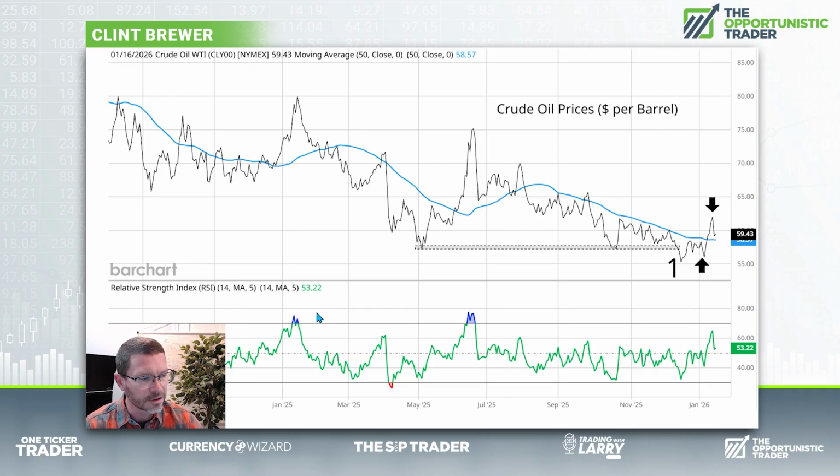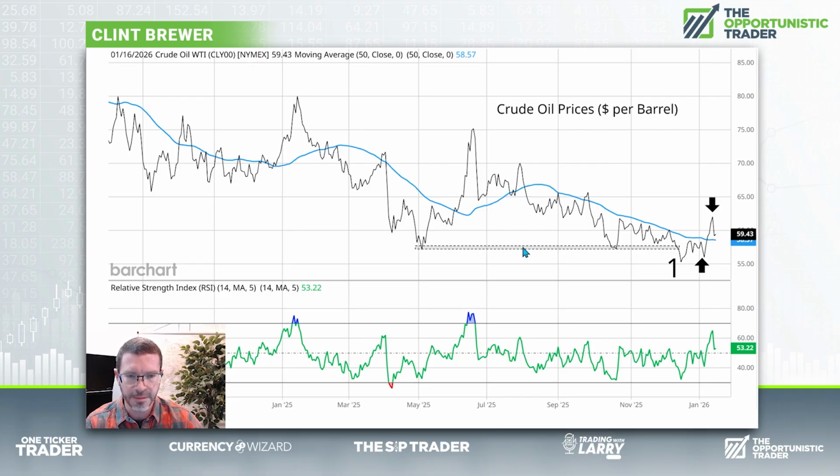I took this chart back a little over a year to show the bearish trend in place for oil prices. I could extend this chart back further and you'd see something similar, where I just locked in this downtrend. You've got lower highs along the way. More recently in 2025, oil prices were coming down to test this $57 level on a couple of occasions.